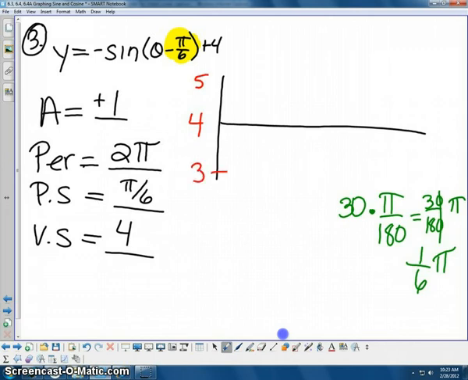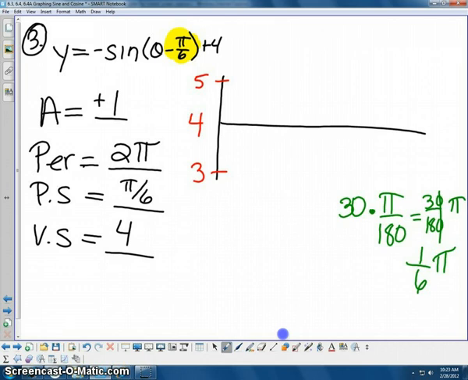That's the highest point and the lowest point that our curve is going to get. So that 1 was a distance, the distance from the midline. Good point. So I usually don't include the negative in there. The negative is the shape of the curve, but it's not a distance.